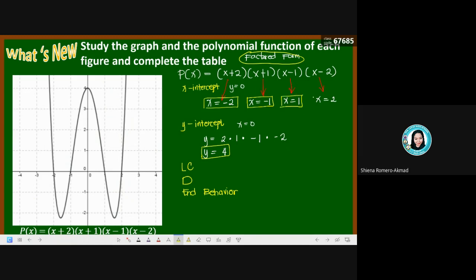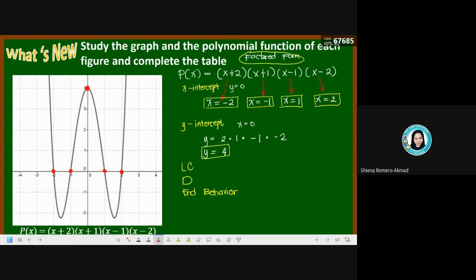Okay? So tingnan natin kung doon nga siya dumaan. So sa x, we have negative 2, negative 1. Chine-check lang muna natin ha. 1 and 2, correct. And yung y-intercept, ayun, positive 4. Next, let us have the LC. The LC, multiply natin yung mga x, no?